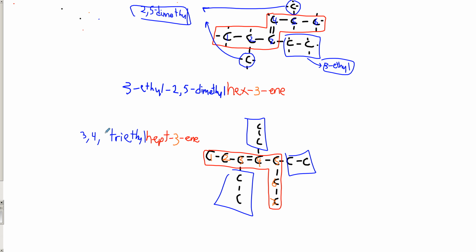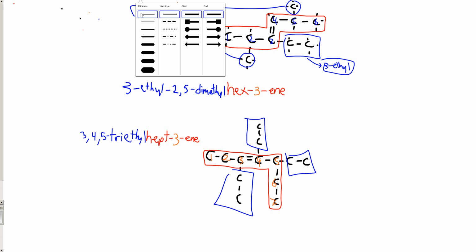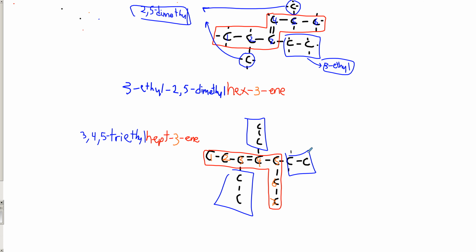Just to be completely nuts, I'm going to draw the hydrogens on the carbons, to prove that it still has twice as many hydrogens as it does carbons. Am I crazy?